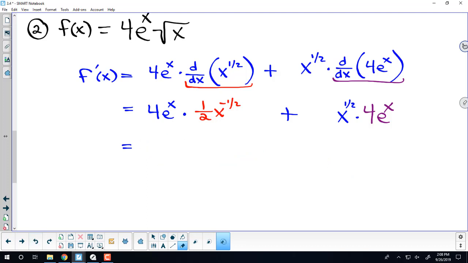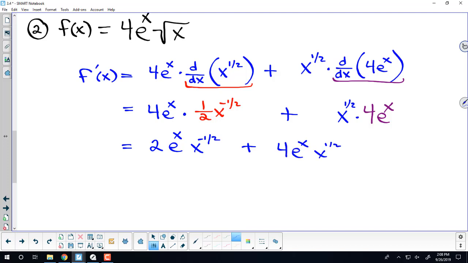And really, if we're working on simplifying this, we have the 4 times the 1/2, 4e to the x to the 1/2. So that's also acceptable as the derivative.